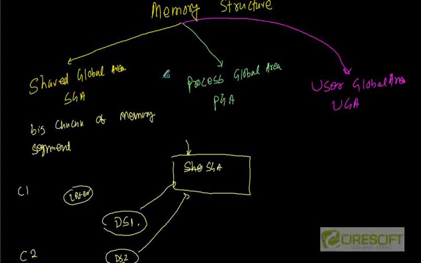And the next one is called the process global area. The process global area is something like this: whenever you write a simple C program, let's say something main, and then int C, and you run this program on your machine, it is going to take some memory in the RAM from your computer memory. This int C will be stored somewhere, right?